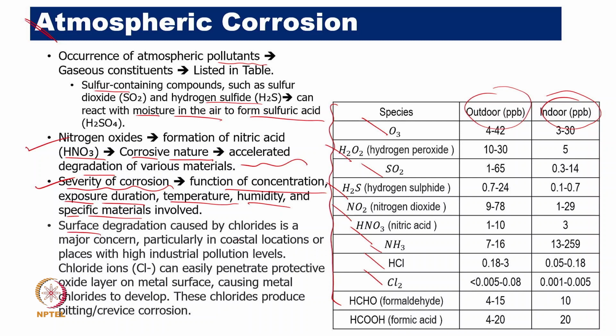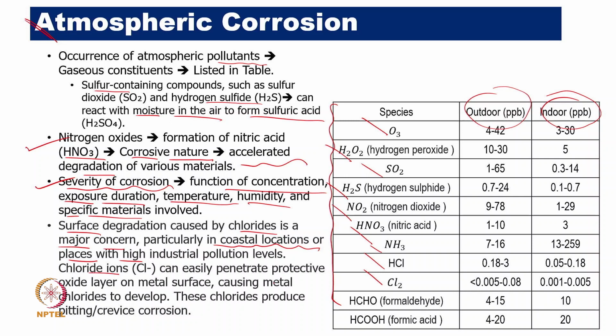Now, surface degradation caused by chloride is one of the major concerns. Because of this, in EP additives, earlier we were using chloride, but we have stopped. We don't use chlorine now, it is sulfur or phosphorus. So this is a major concern, as mentioned very clearly, and it is more common in coastal areas near sea beaches and all, or in marine water. In one of the earlier slides I mentioned this is a problem.